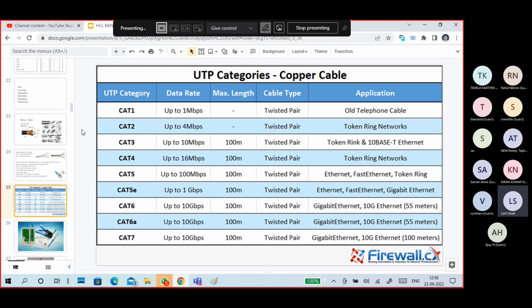Different categories of cables are there, guys: Cat1, Cat2, Cat3, Cat4, Cat5, Cat5e, Cat6. Generally, we are currently using Cat6 cables only. This information about speed may not be accurate, so do not think this is the accurate part.